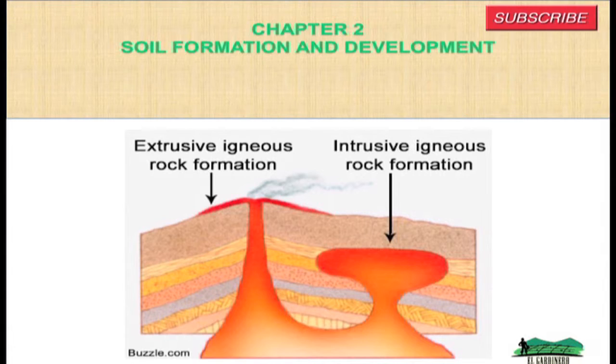For extrusive igneous rocks, the molten magma or lava went out of the surface of the soil. It was extruded and it crystallized outside the Earth's crust. And for the intrusive igneous rocks, the molten magma or lava solidified beneath the Earth's crust. Thus, the rocks are found inside the Earth's crust.